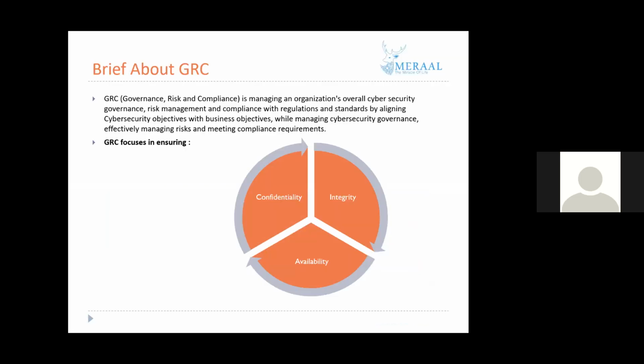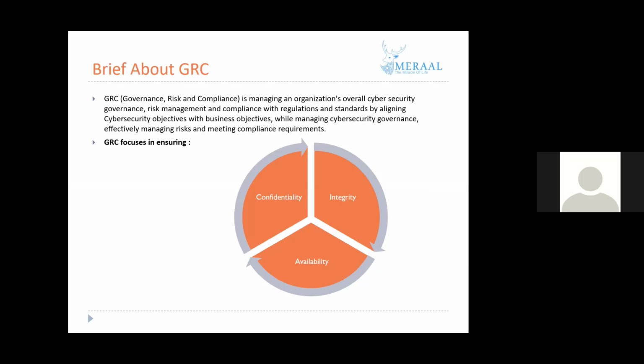So let's start by defining GRC. What is the GRC function? GRC is about three components: governance, risk, and compliance, which is all about managing the organization's overall cybersecurity governance, posture, risk management, and compliance.